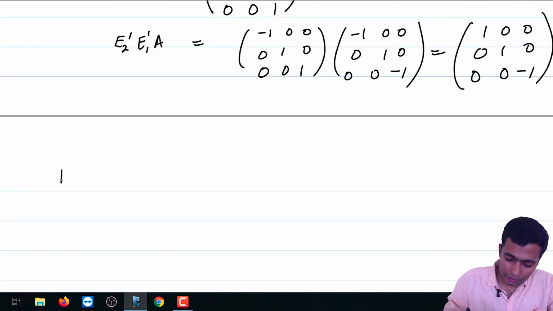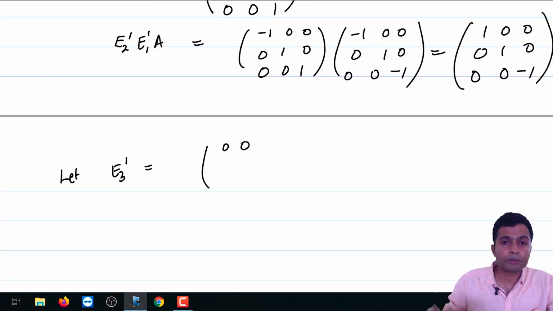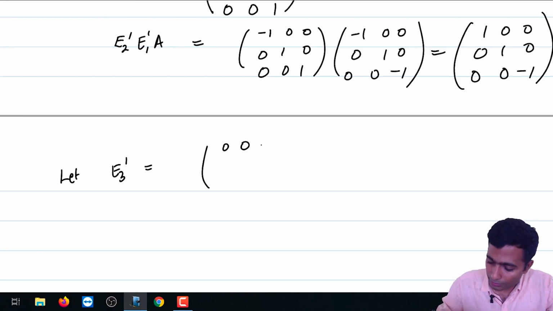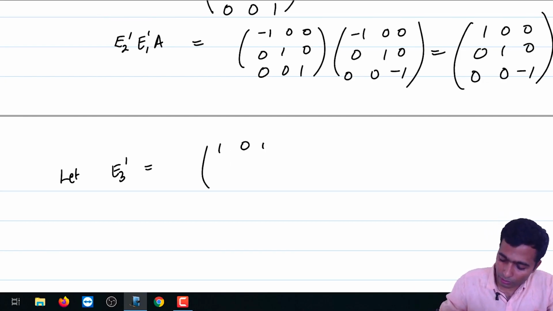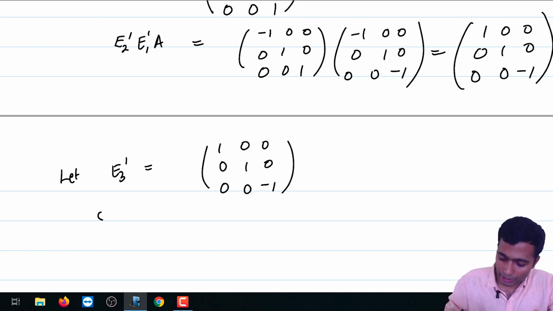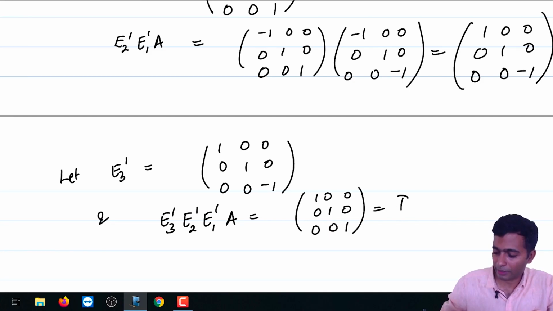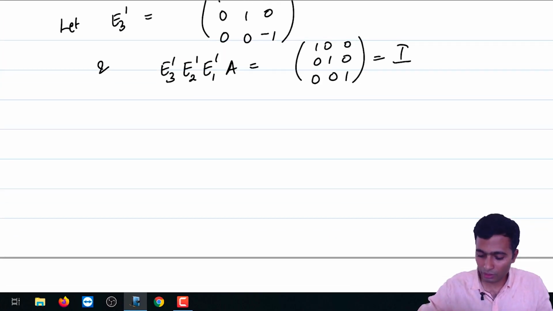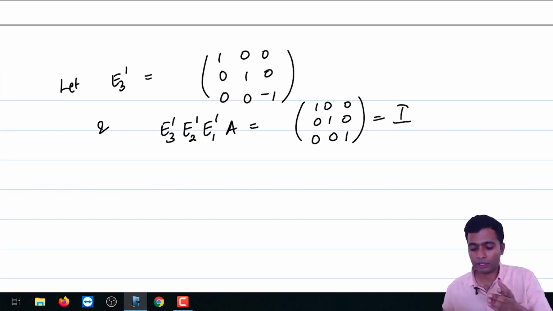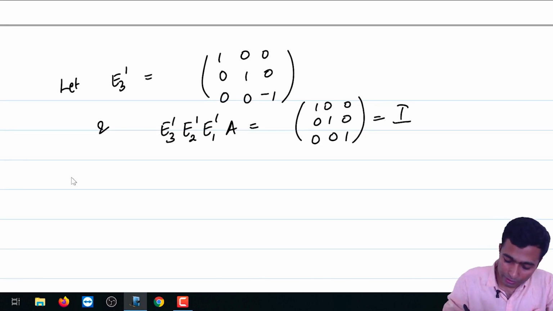Then let E3 prime be equal to, we need to multiply the third row by minus 1. So this is going to be 1, 0, 0, 0, 1, 0, 0, 0, minus 1. And you can check that E3 prime, E2 prime, E1 prime A is equal to 1, 0, 0, 0, 1, 0, 0, 0, 1, which is the identity matrix. So we have essentially obtained what E3 prime, E2 prime and E1 prime are.